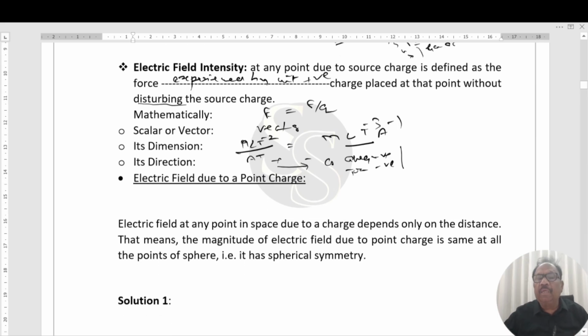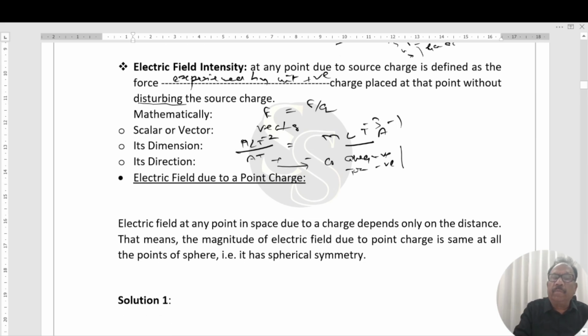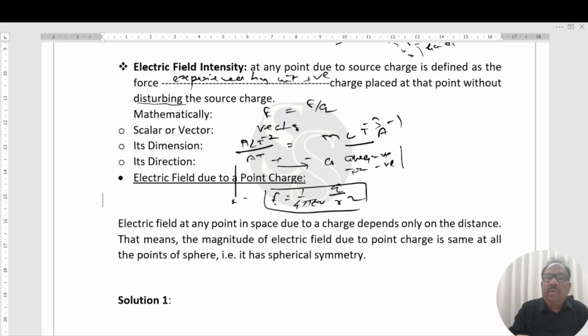Next, electric field due to a point charge is given by E equals 1 over 4 pi epsilon naught Q upon R square. Electric field at any point in space due to a charge depends only on the distance. That means the magnitude of the field due to a point charge is the same at all points of a sphere. Therefore, it has spherical symmetry.